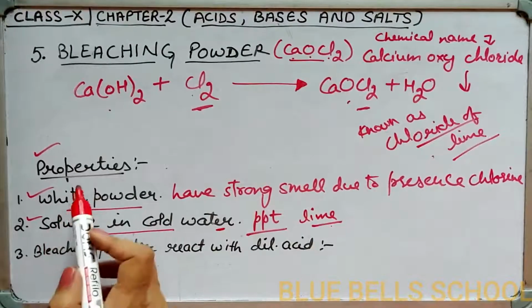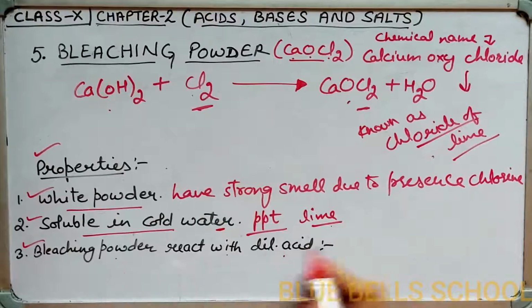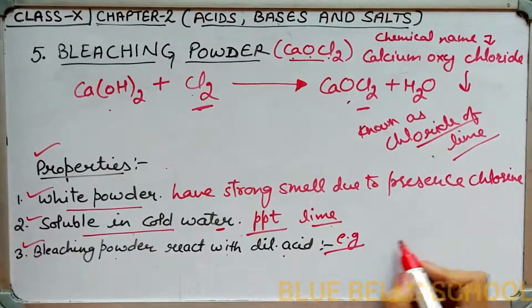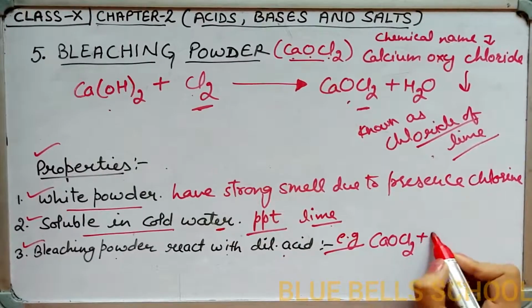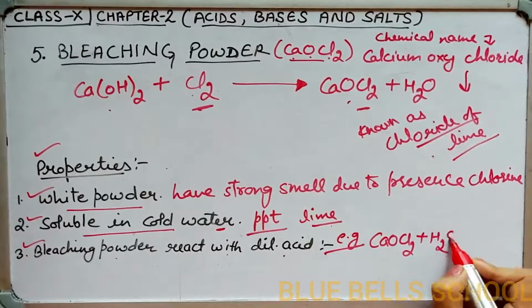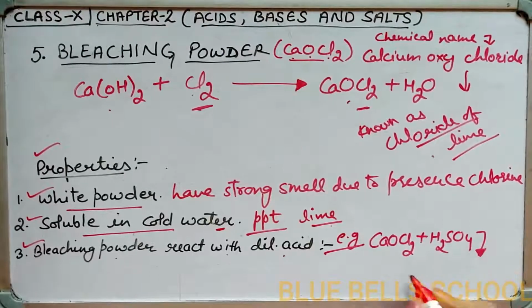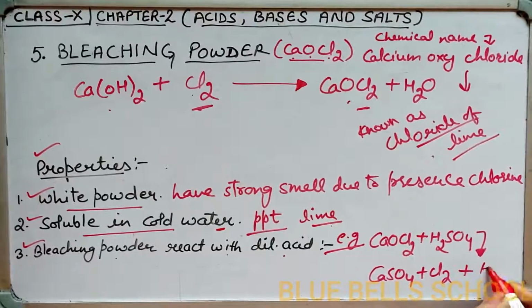Now, the next property of bleaching powder is that it can react with a dilute acid. For example, let me show you chemically, equationally. When bleaching powder reacts with dilute sulfuric acid, it will form calcium sulfate, chlorine plus water.